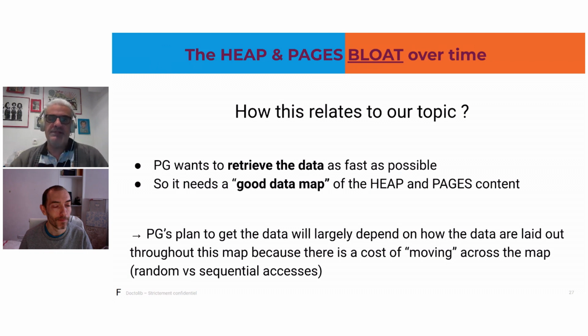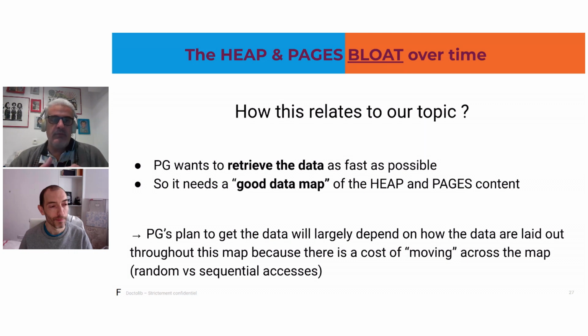So there is a problem when we store data in flat files, is that sometimes the files will bloat. What's that? Postgres wants to retrieve the data as fast as possible, as we told you, and with as few resources as possible. And then we have a data map of the content of the pages on the heap. So it will depend on how the data is distributed inside the heap, inside the flat files that we have.